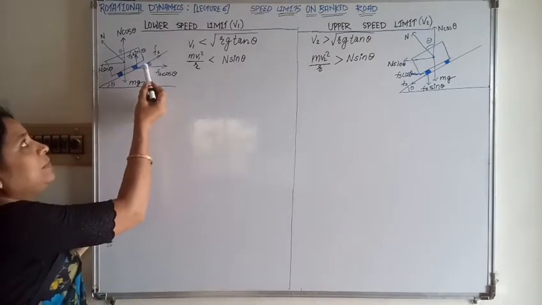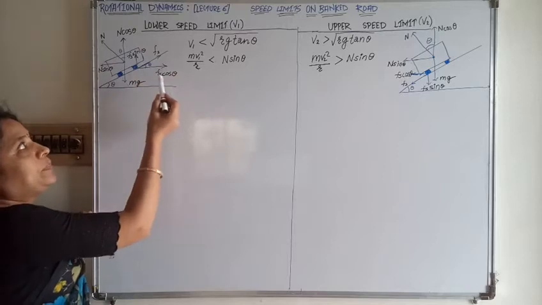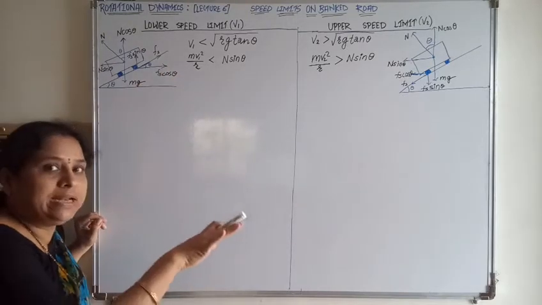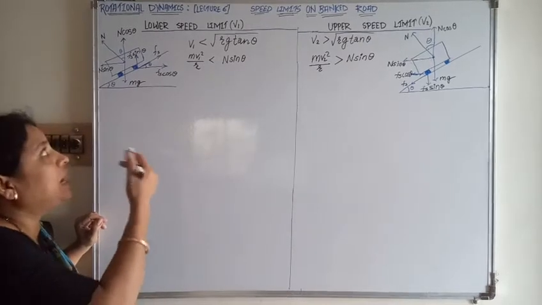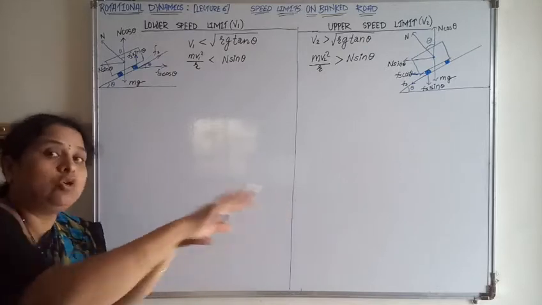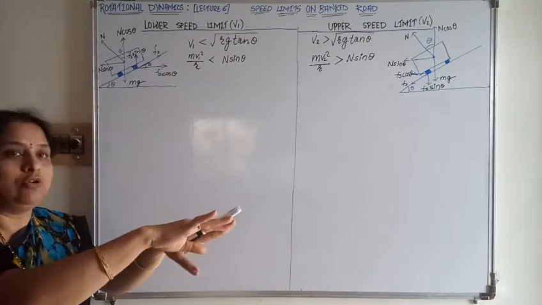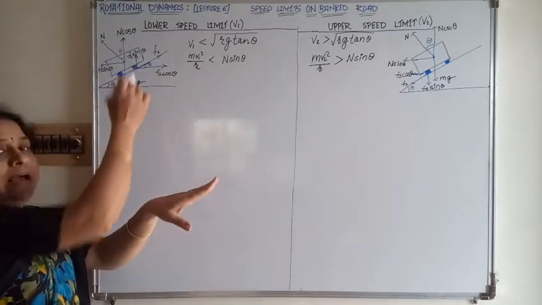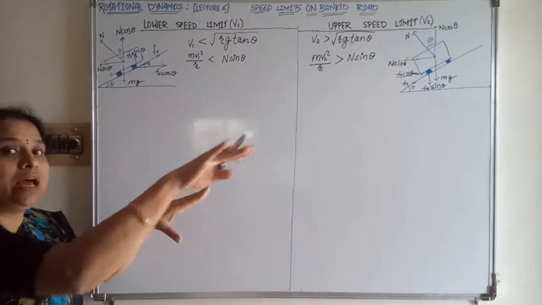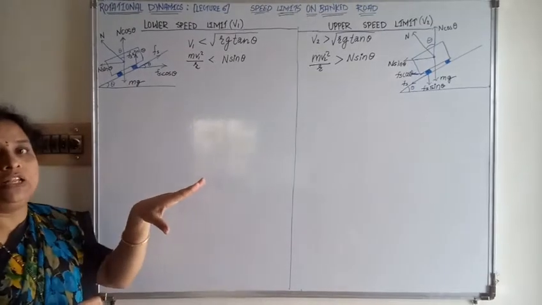The frictional force Fs is acting along the road surface, along the inclination of the road surface, but in the upward direction when the vehicle is moving with low speed. When the vehicle is moving with low speed, the outer tire will experience the force of friction in the upward direction of the inclination of the road.